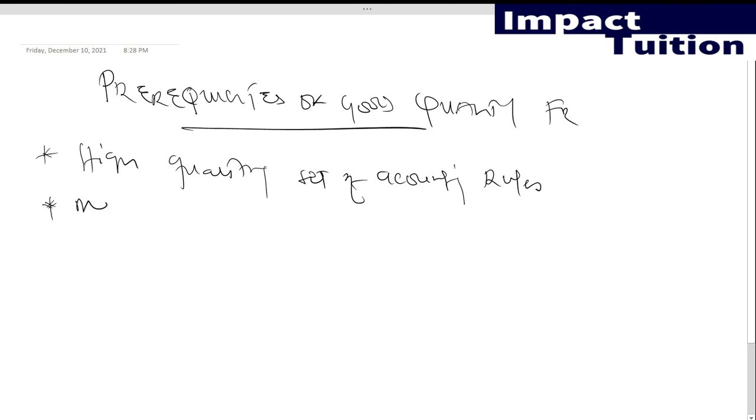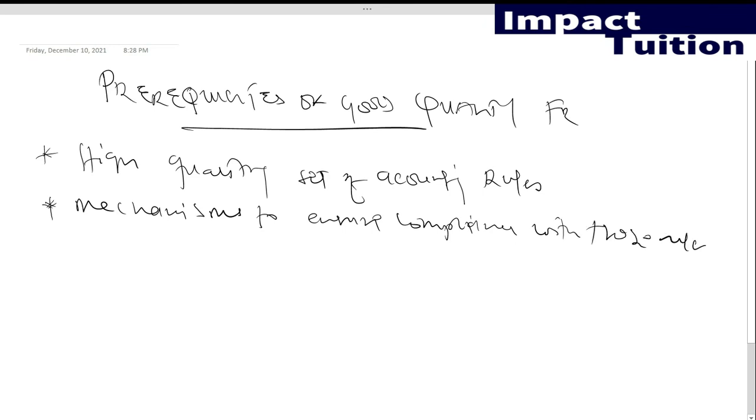Two, mechanisms to ensure compliance with those rules, and then proper application of the rules.